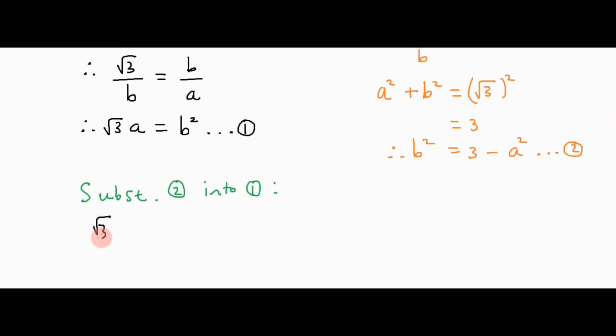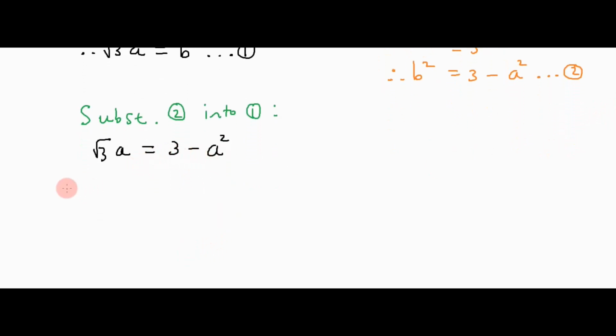So we have the square root of 3 times a equals b squared, but b squared is 3 minus a squared. So 3 minus a squared. We can bring everything to the left hand side in this equation. And we basically end up with a quadratic equation in a. So we can use the quadratic formula to solve for a.